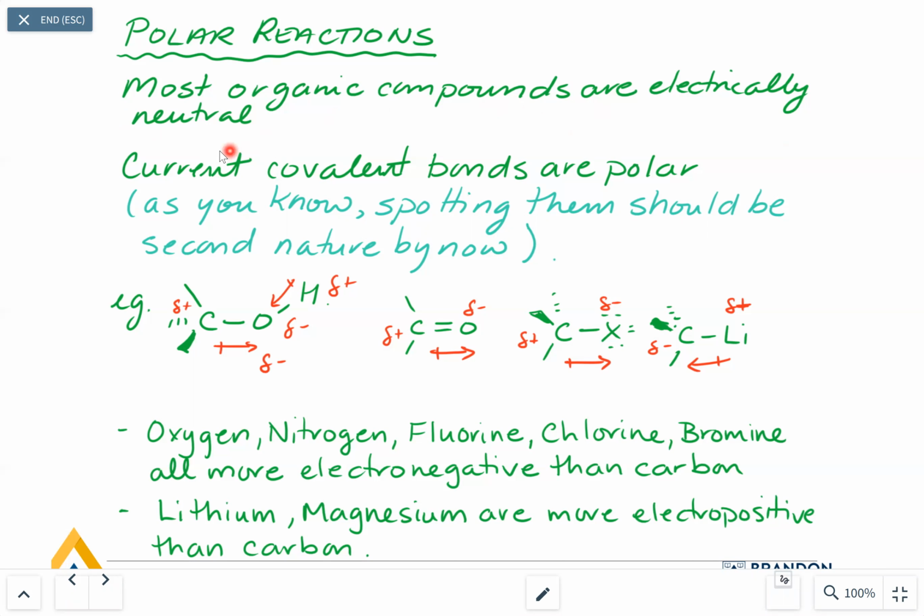There's the odd thing which is carrying a charge, like say hydroxide, for example. But most of the compounds that we're dealing with are neutral, but they're still going to be involved in polar reactions. So we basically need to know which of the bonds we've drawn are polar.